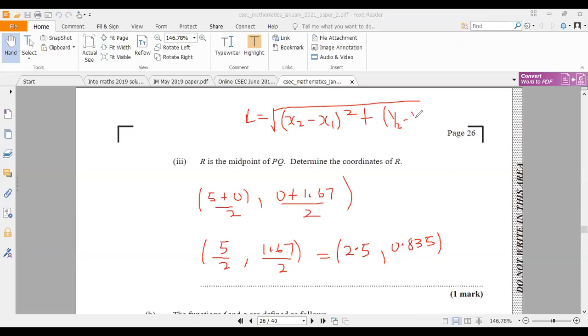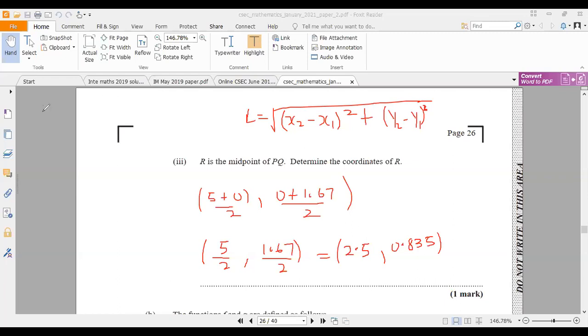This is for the length. It's going to be x1 minus x2, it doesn't really matter. For the length, x2 minus x1 squared plus y2 minus y1 squared.